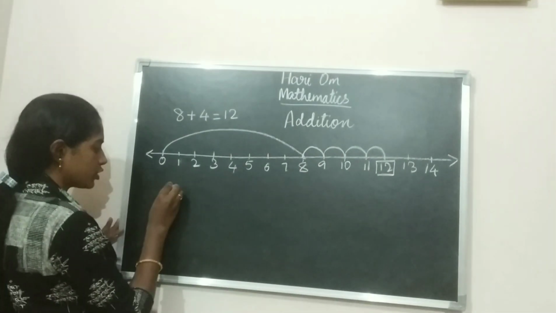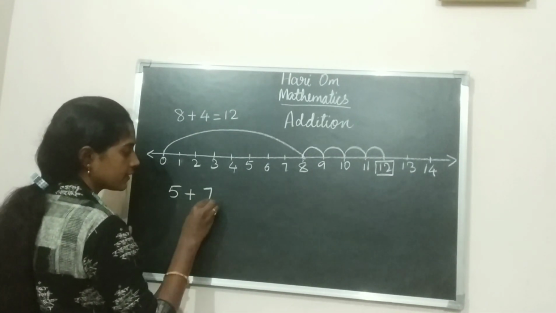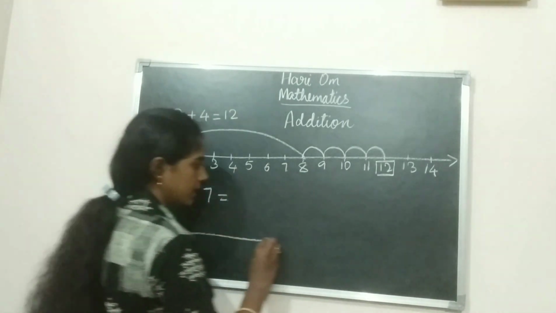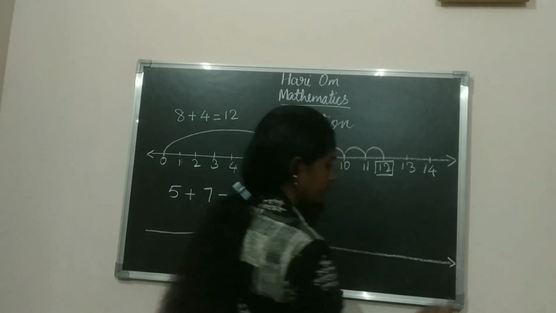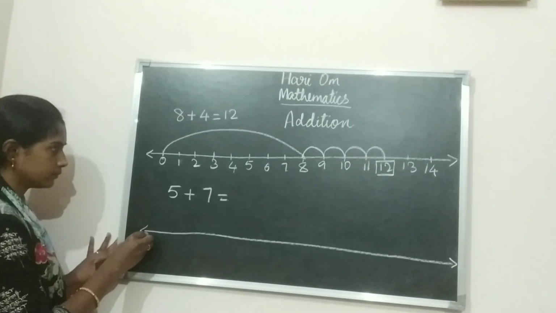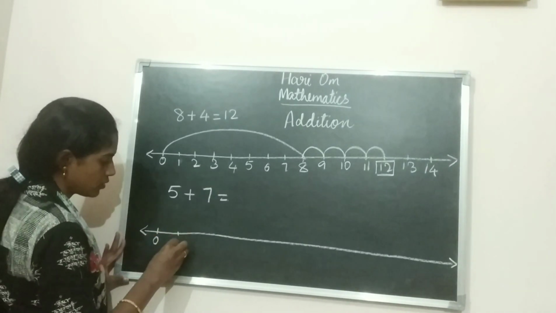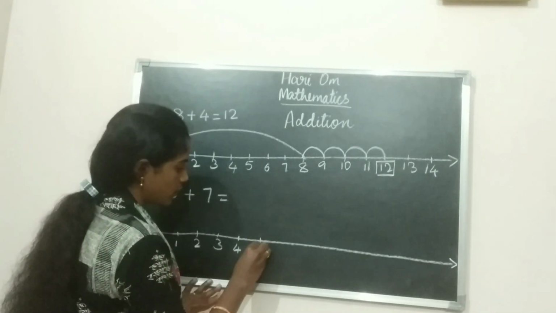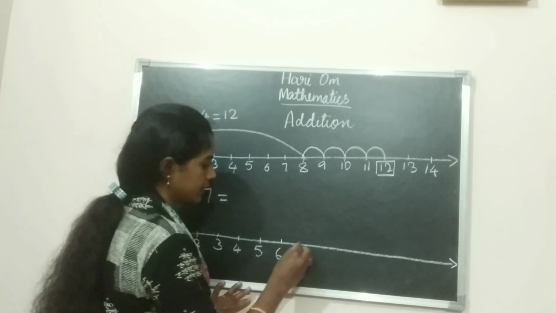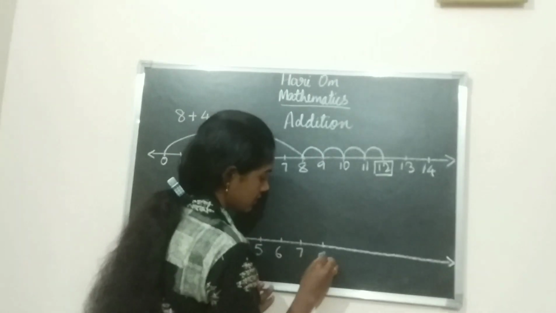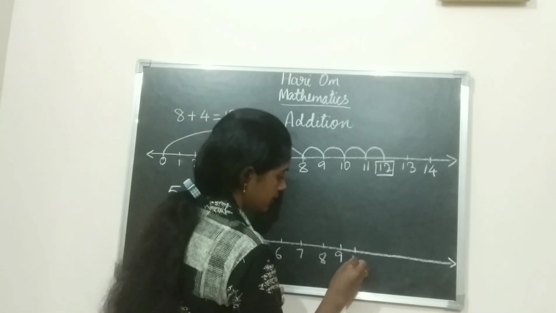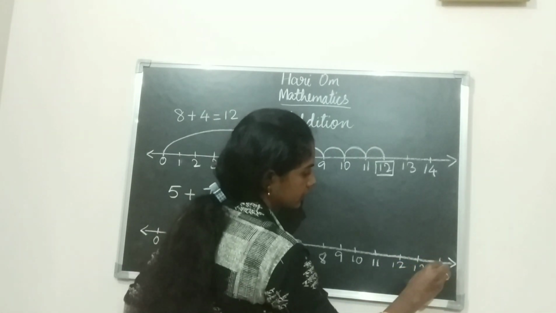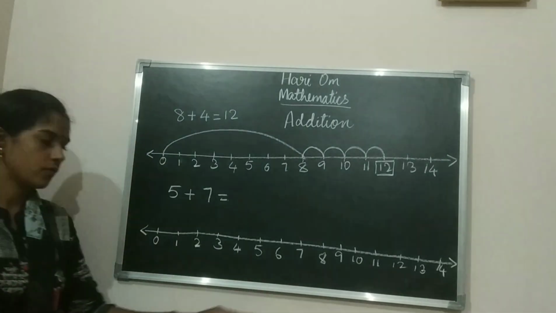What is the fourth question? 5 plus 7. So on the number line, 0, 1, 2, 3, 4, 5, 6, 7, 8, 9, 10, 11, 12, 13 and 14.